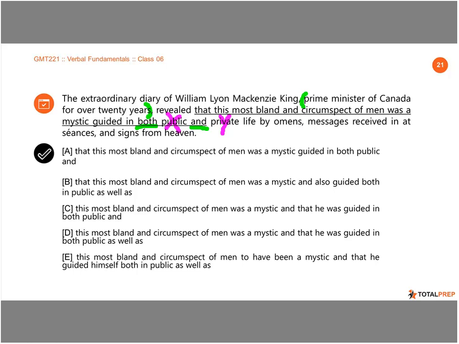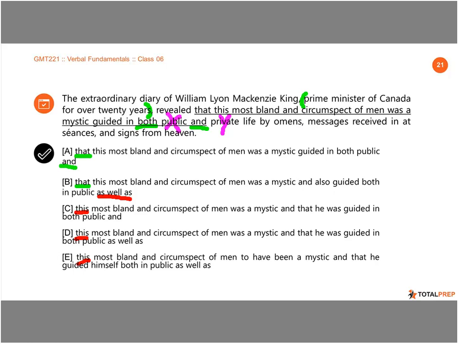Let's take a look at the others and see if you can identify what is wrong. Here's a strategy: take a look at the beginning of the sentence, right? So here you have that. What about the end of the sentence? What are they trying to test at the end of the sentence?